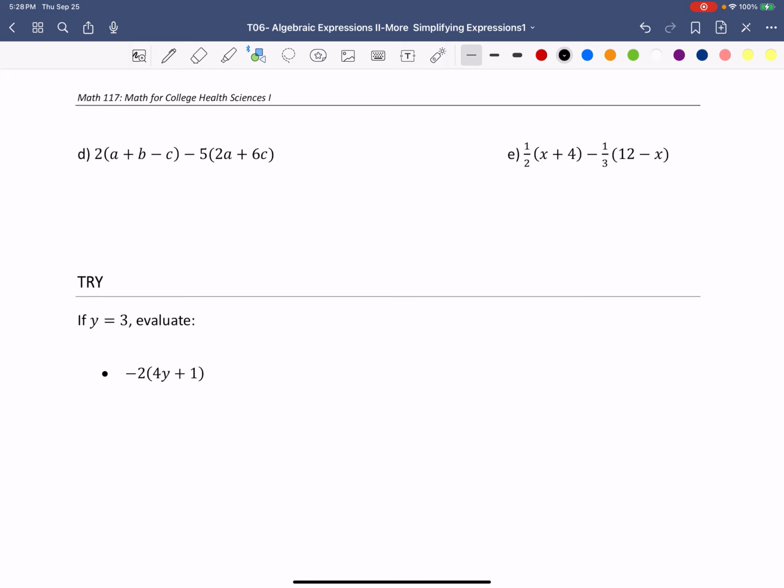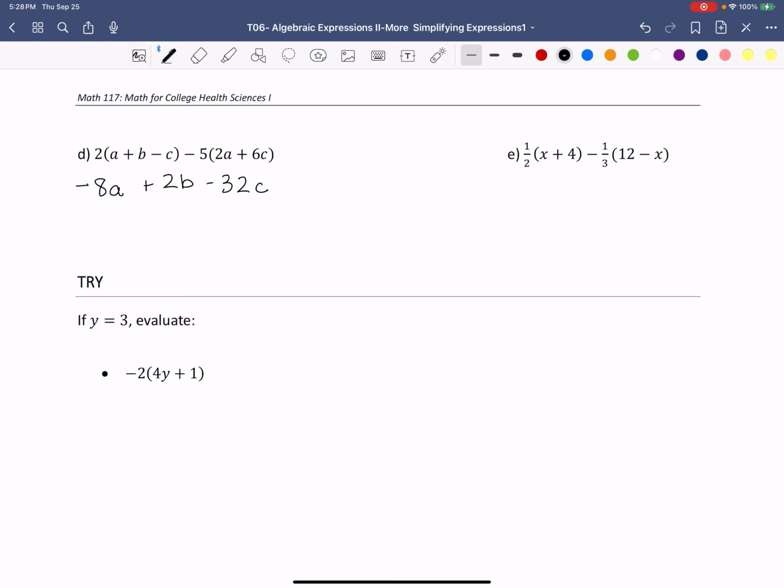All right, so these 2 as well, working through these. If you are distributing twice and then collecting like terms, again, the order of your terms can vary, but you should get an answer of negative 8a plus 2b minus 32c. And again, remember the order can be different.